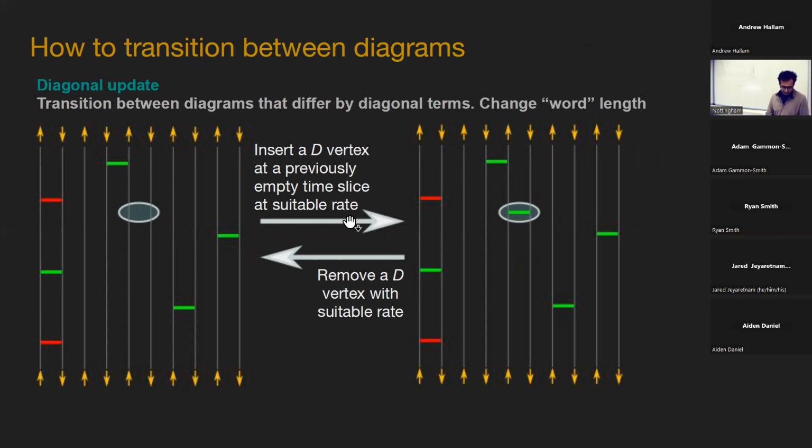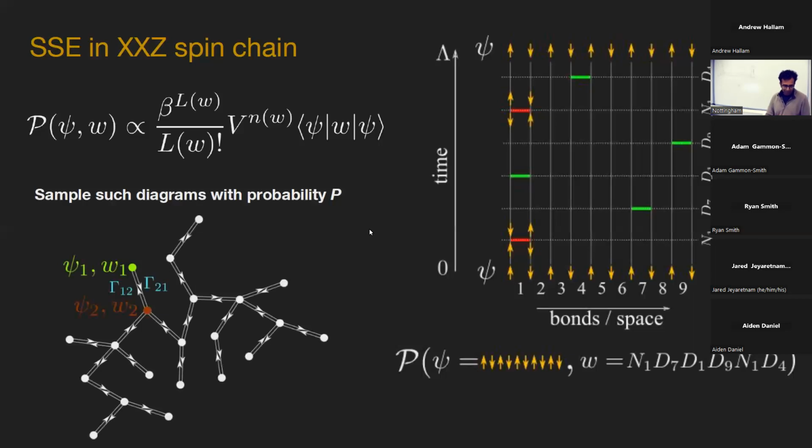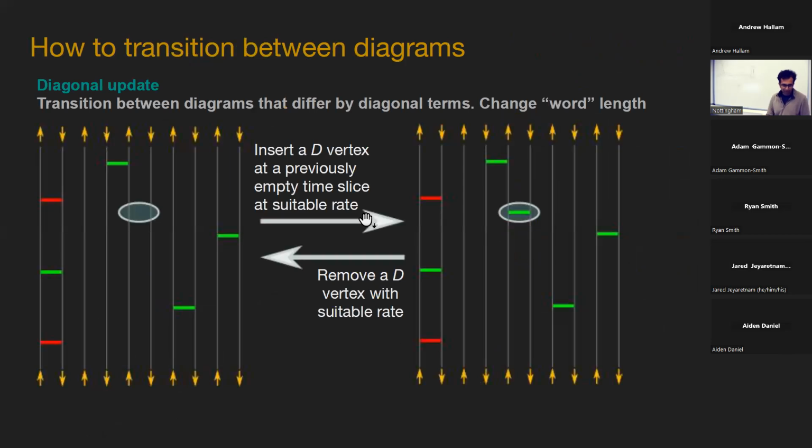So in order to get this transition, I need two kinds of moves. One is something that can insert a diagonal operator into a place where there are no operators. By no operators, I mean there is an identity operator in this time slice.